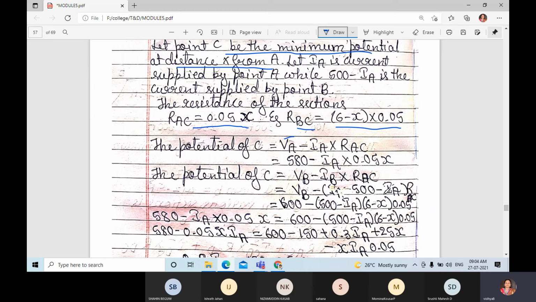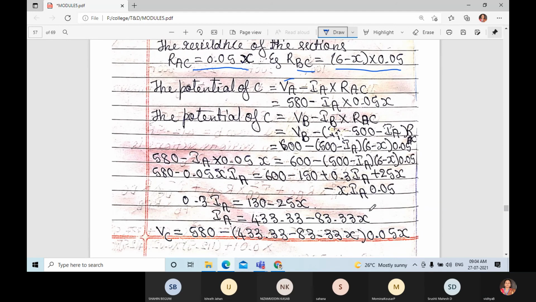If you substitute the values, 600 minus (500 minus IA) into (6 minus x) into 0.05. RBC value is (6 minus x) into 0.05, so that is what they have substituted here.